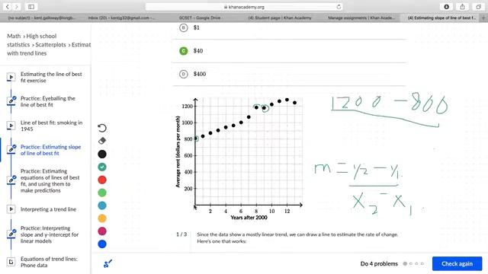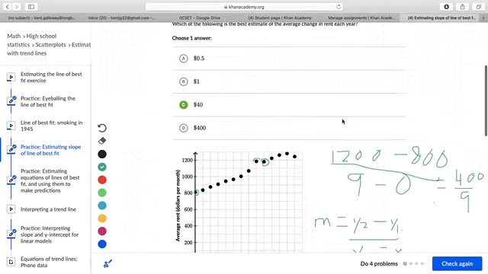Now this is after year 0, so how many years is here? We have 9 minus 0, so in 9 years. That's going to equal approximately 400 over 9. So which one is about 400 over 9?